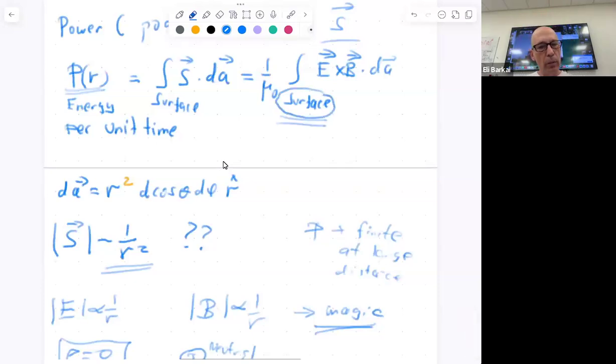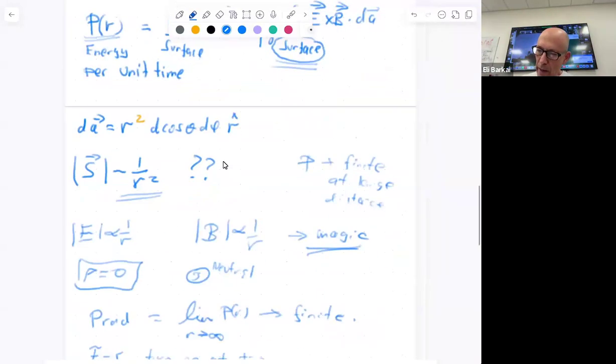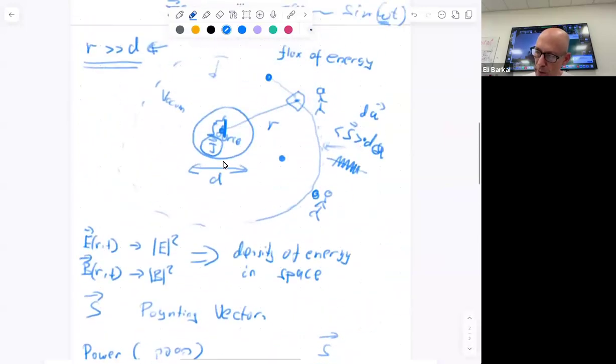It's not over the volume. Why am I integrating over the surface, over the sphere itself with r fixed? Because I'm interested at each point, delta A here, delta A here, delta A here. What is the flux at these points? r is fixed. And then I'm summing them all over. Okay?